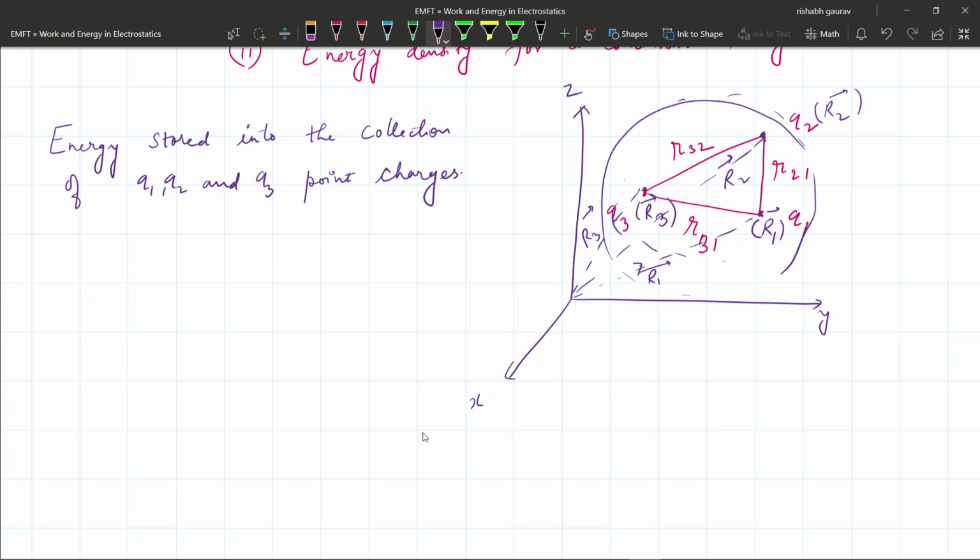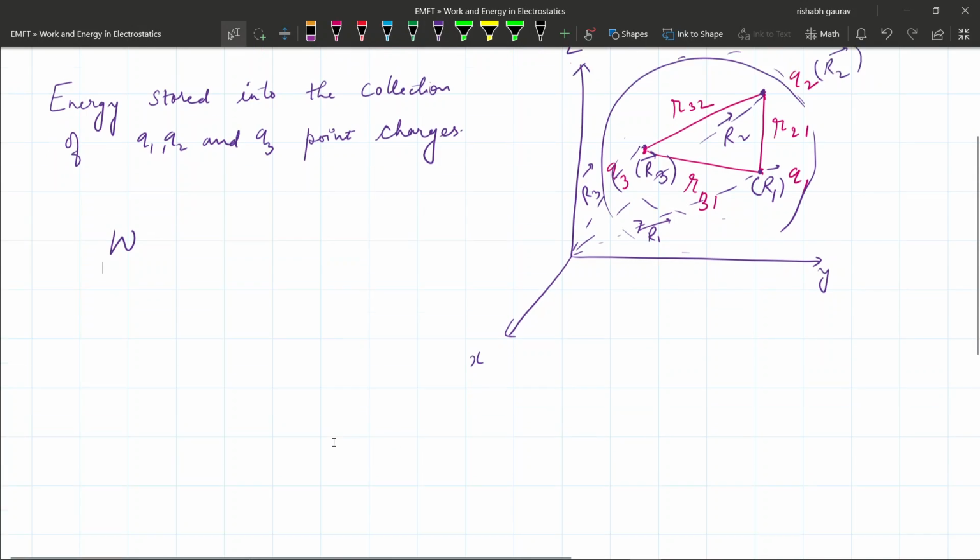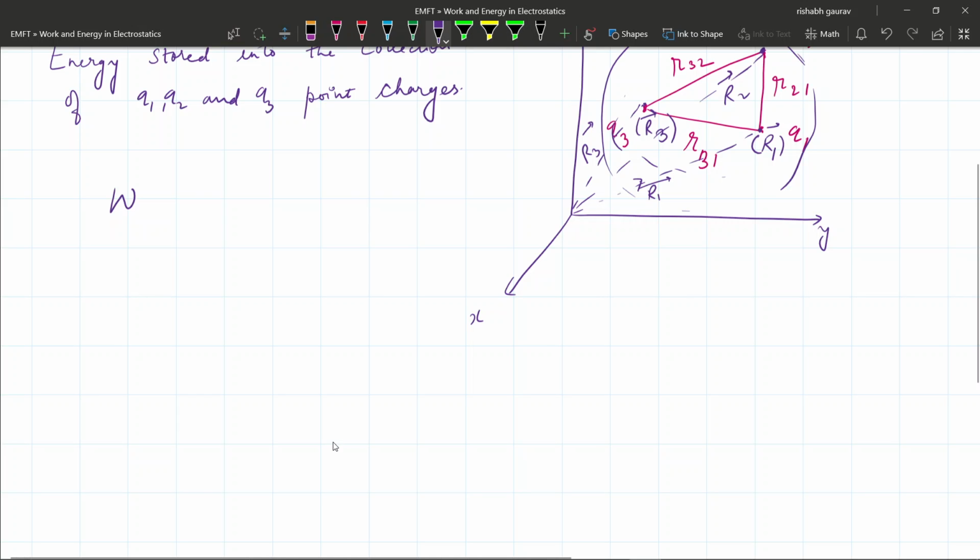As we have studied in the previous lecture, the stored energy in an electric field for any charge is given by Qt, the test charge, multiplied by the potential at the point where the charge is present.